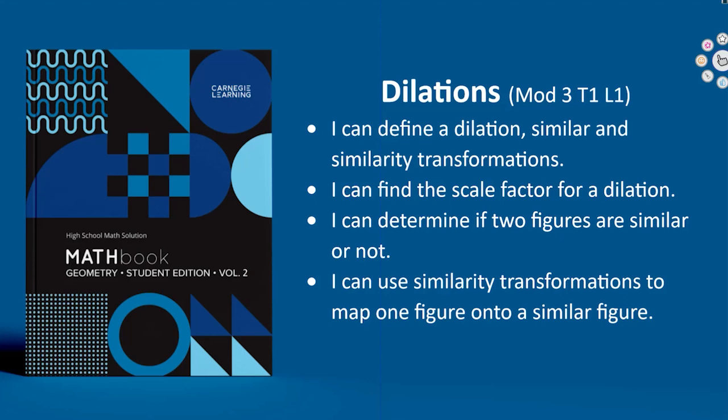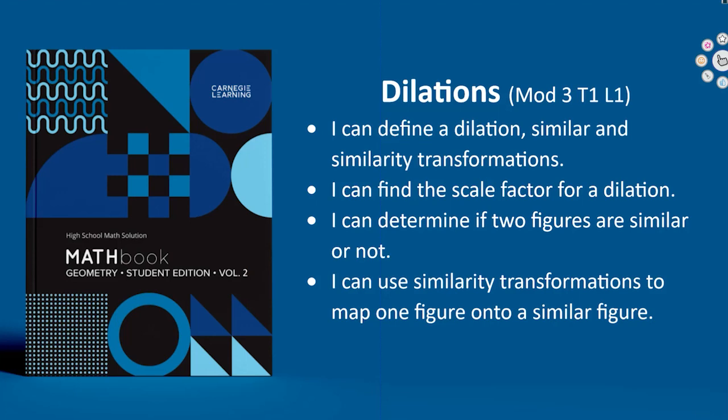By the end of this video, you will talk about the definition of a dilation, and what similar means, not just, hey, these things are similar to each other, but geometrically similar. We'll also define similarity transformations that produce similar figures.